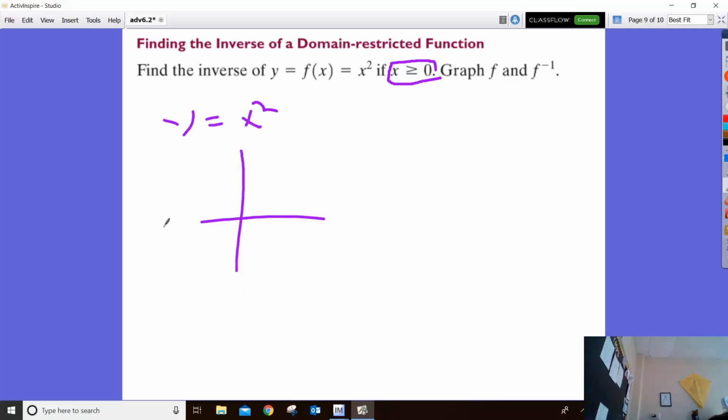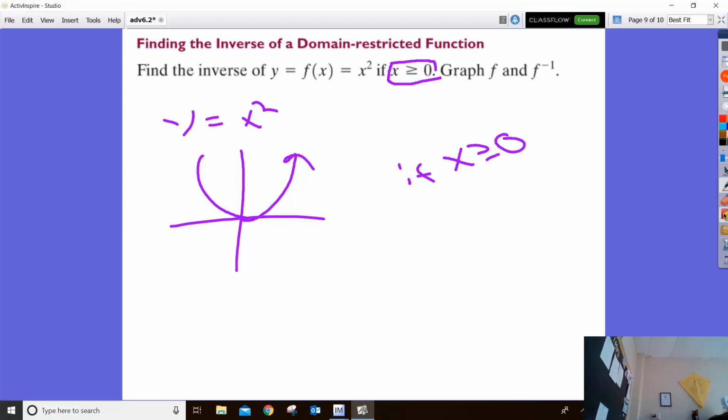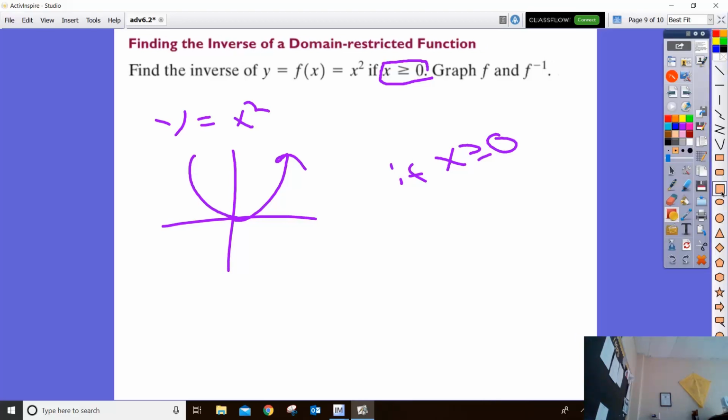The graph y equals x squared, we did earlier, didn't we? Look like that. Was it 1 to 1? If it's not 1 to 1, does it have an inverse? Nope.